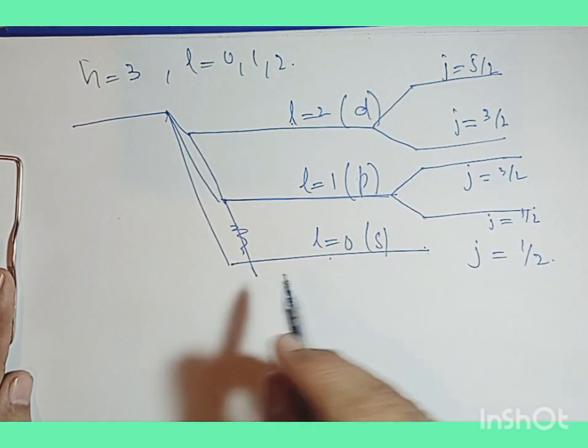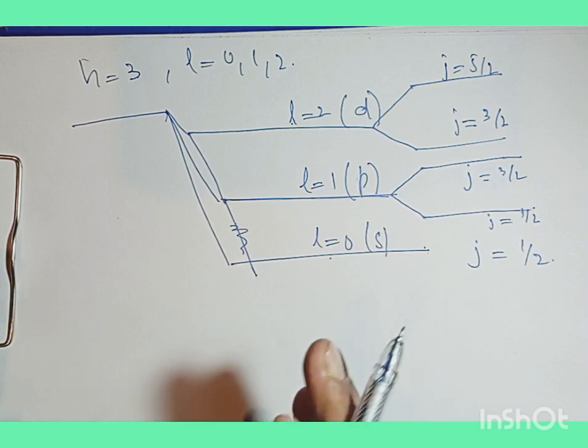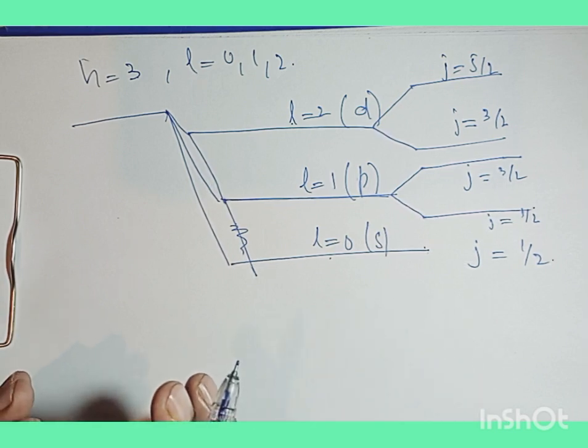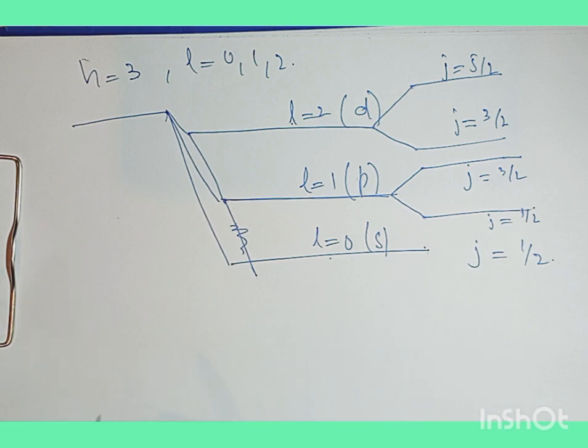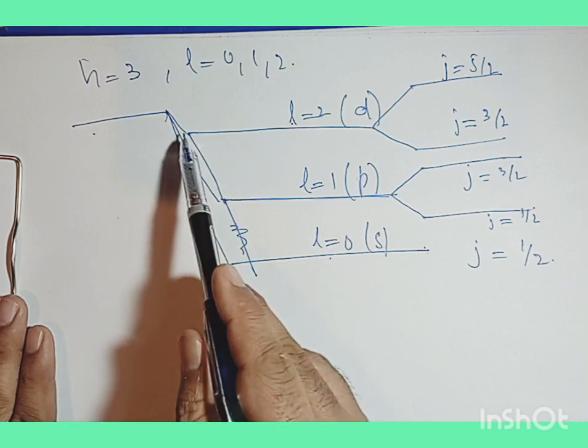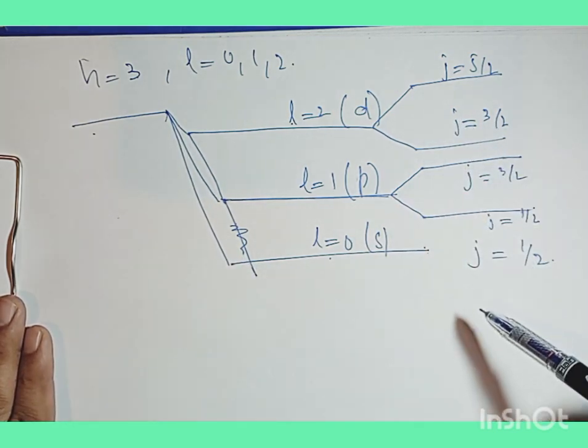So what we see here is, till now we have incorporated the spin orbit interaction into the original Hamiltonian, and we are in a position to see that the n equal to 3 level has actually 5 levels in it.